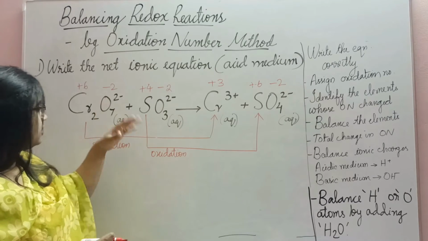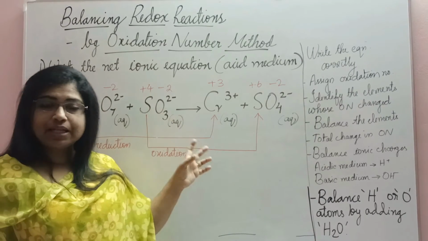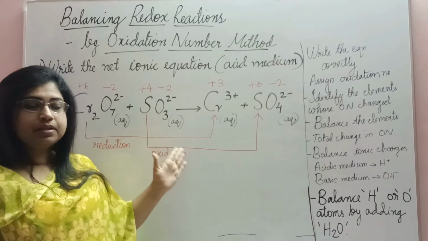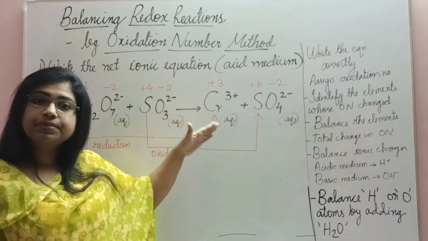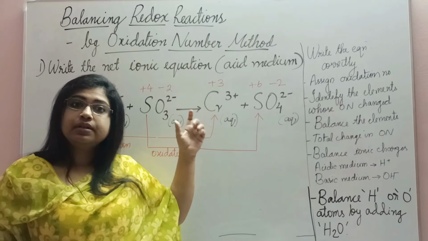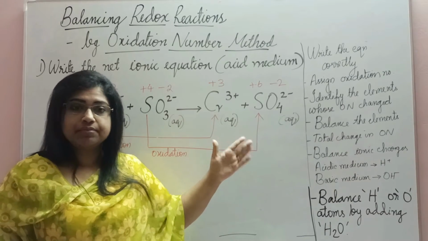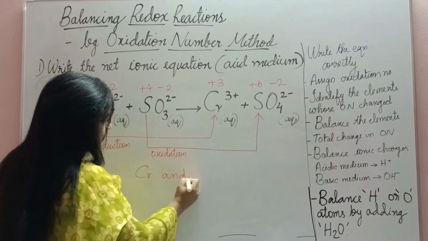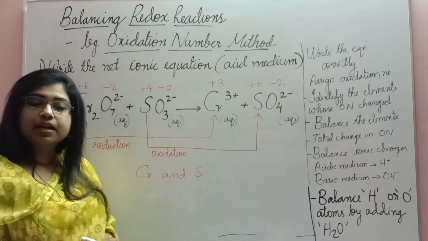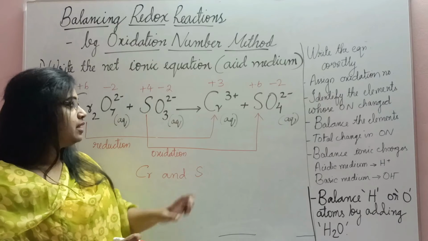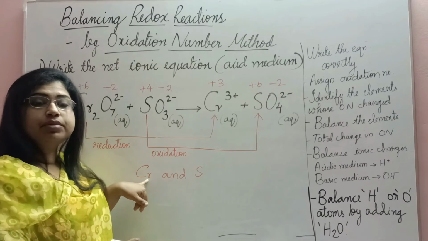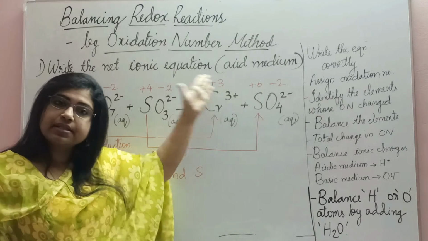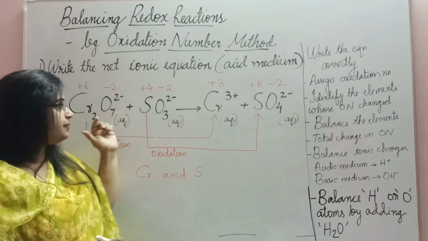Now let's balance the equation. Before balancing, we have identified the elements that have undergone a change in their oxidation number. They are chromium and sulfur. Now we have to balance the number of chromium and sulfur atoms on the reactant side and the product side.